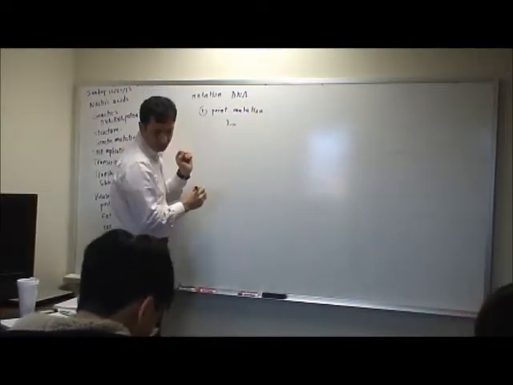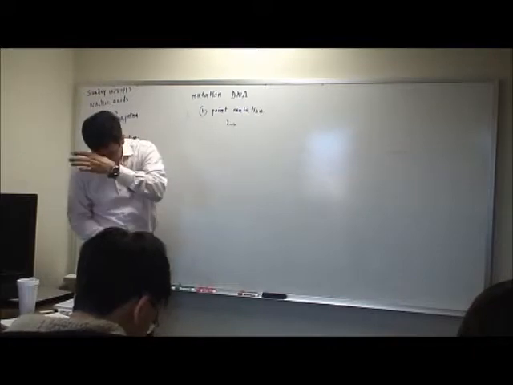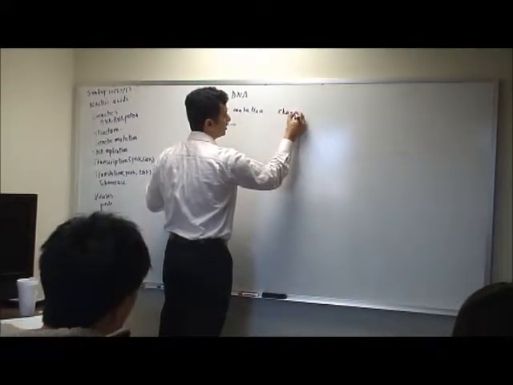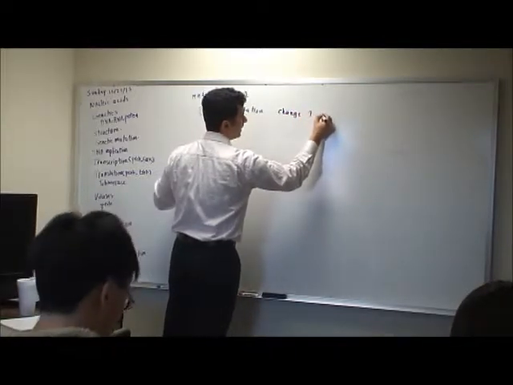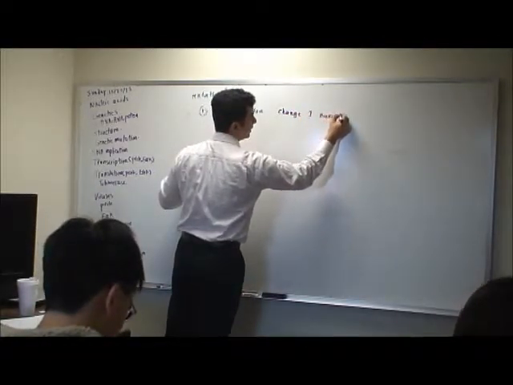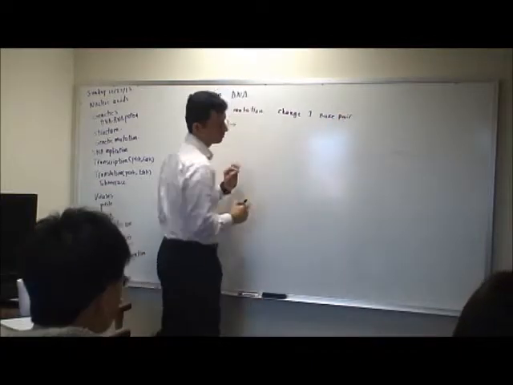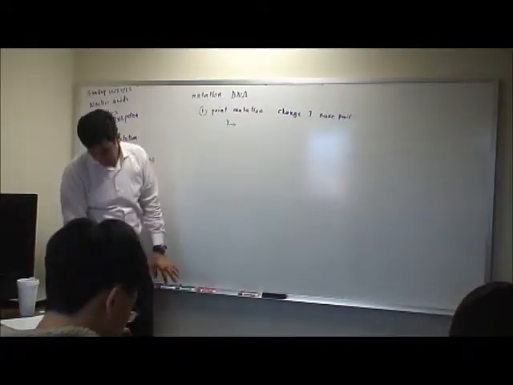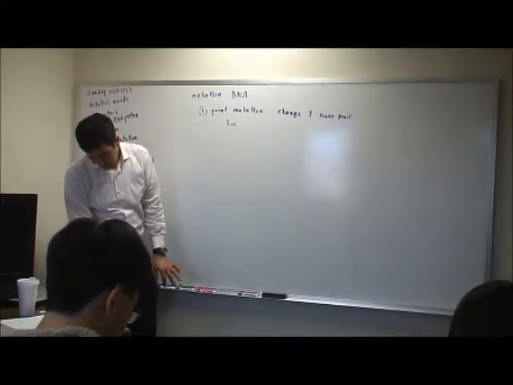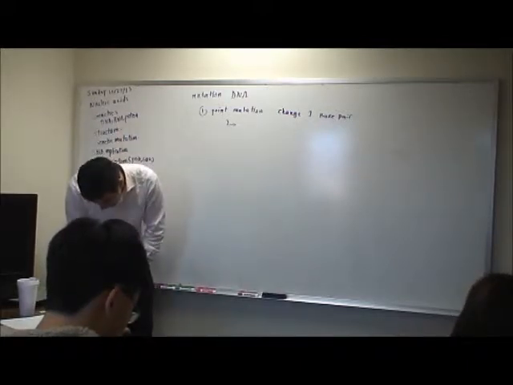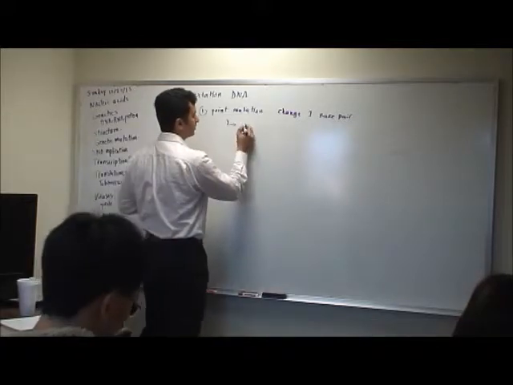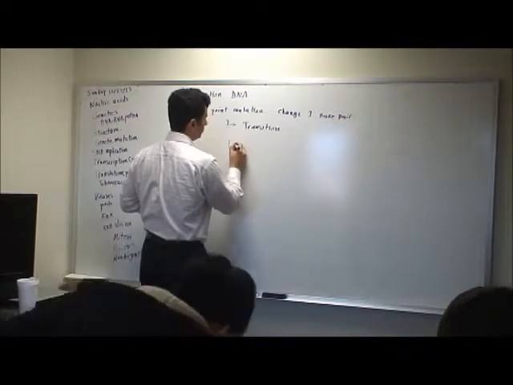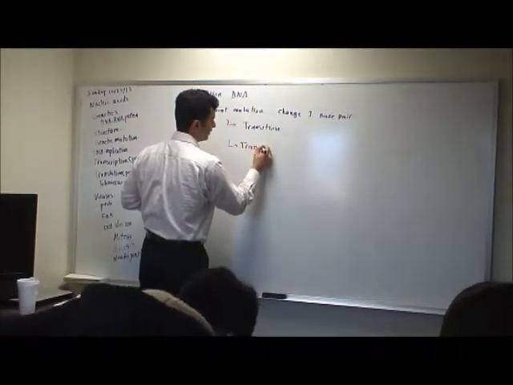In a point mutation, you change one base pair. There are two kinds, called transition and transversion.